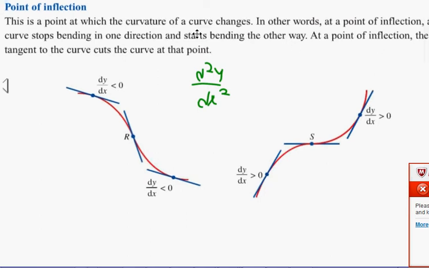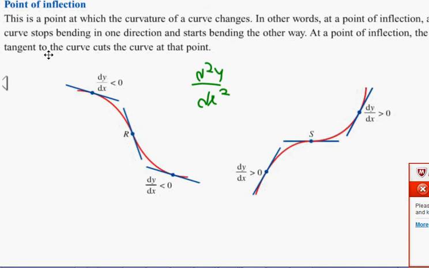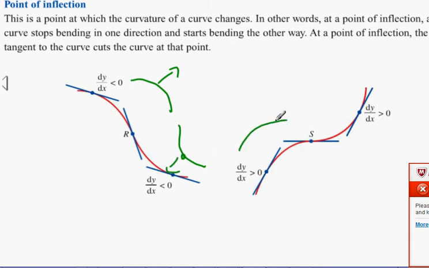At the point of inflection, the tangent to the curve cuts the curve at that point. You can see that the curve is bending upwards, and after the point of inflection, it's bending downwards. Vice versa, it's bending upwards, and then on the way out, it's bending downwards.